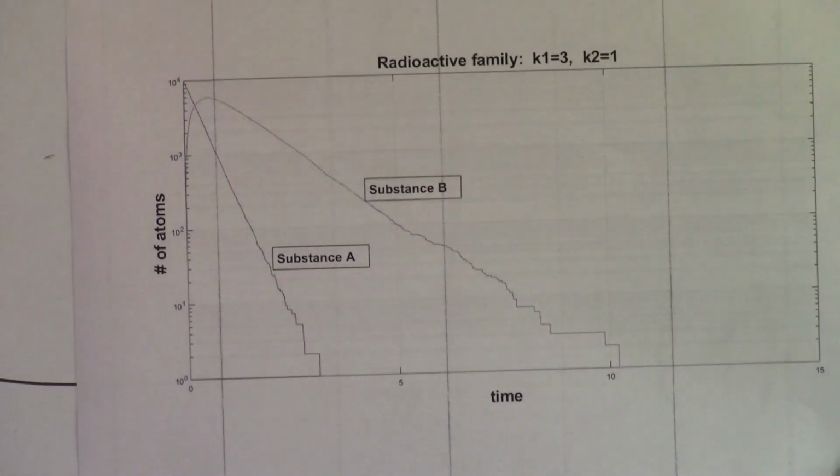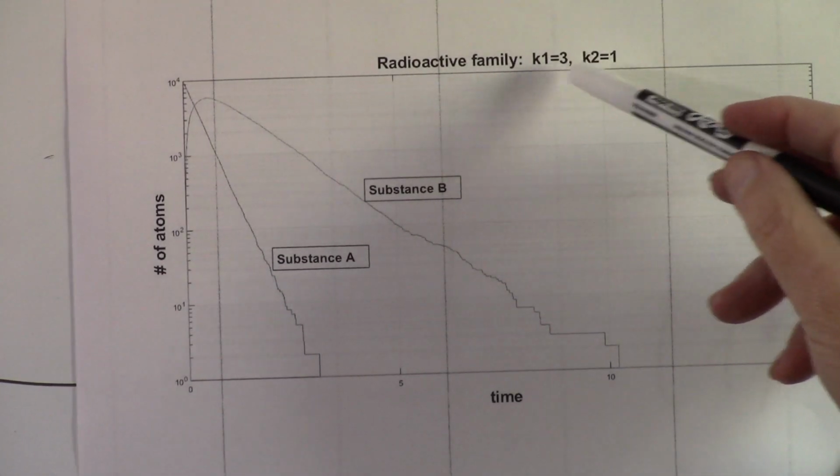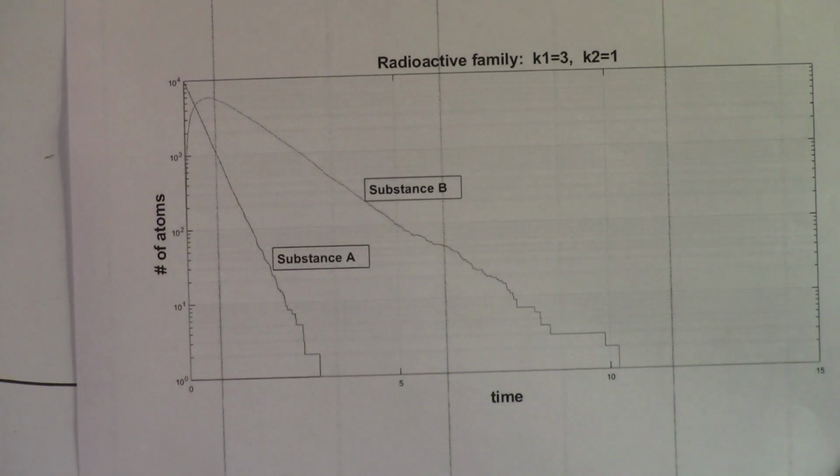In case 3, what will happen if K1 equals 1 and K2 equals 3? It is case 3.